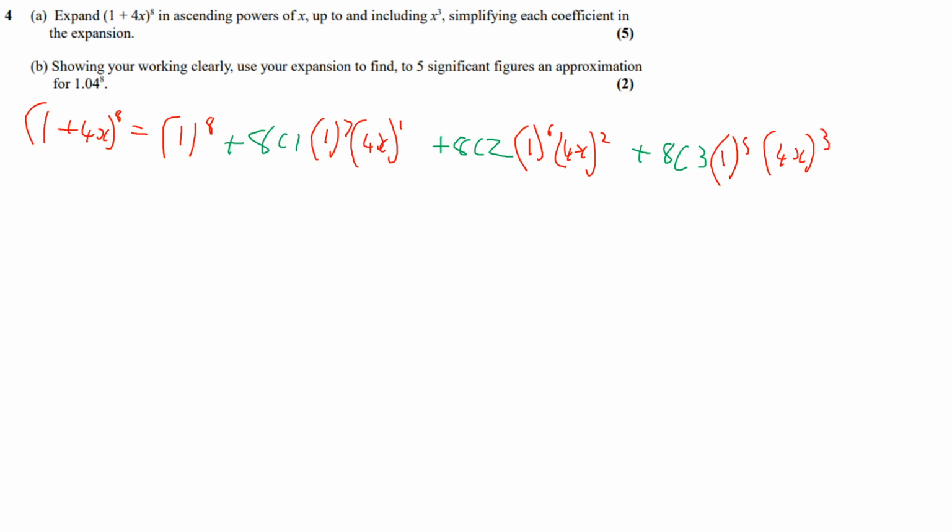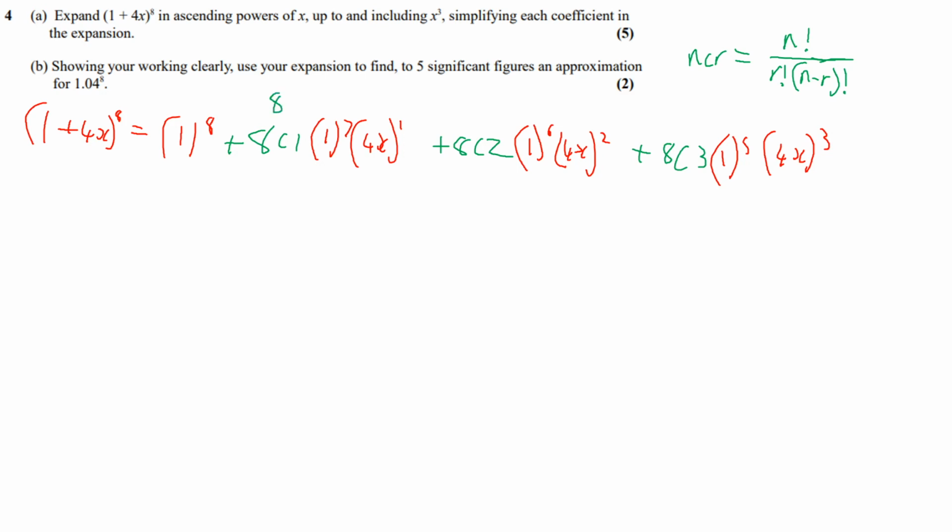And then because we already know how to do it, we know that n choose r is just n factorial over r factorial times (n minus r) factorial. I'm just going to tell you what each of these are.